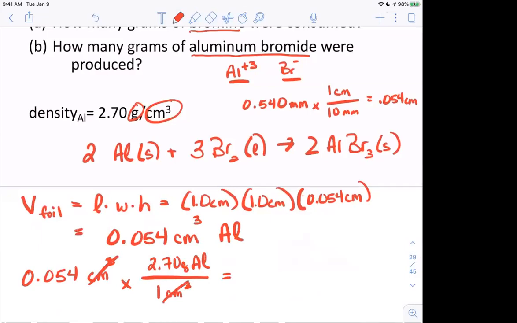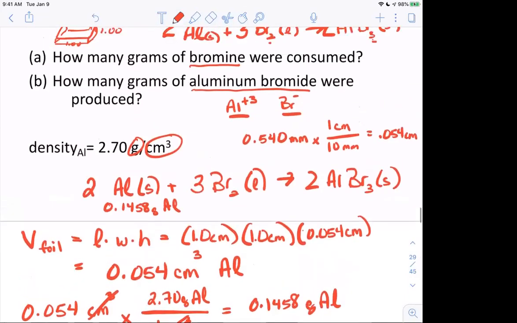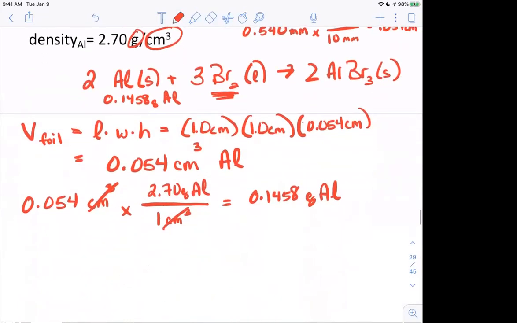So I have 0.054 times 2.70, and I get 0.1458 grams of aluminum. This is the amount of aluminum that reacted. So I have 0.1458 grams of aluminum. What I want to know now is how much bromine did that react with?